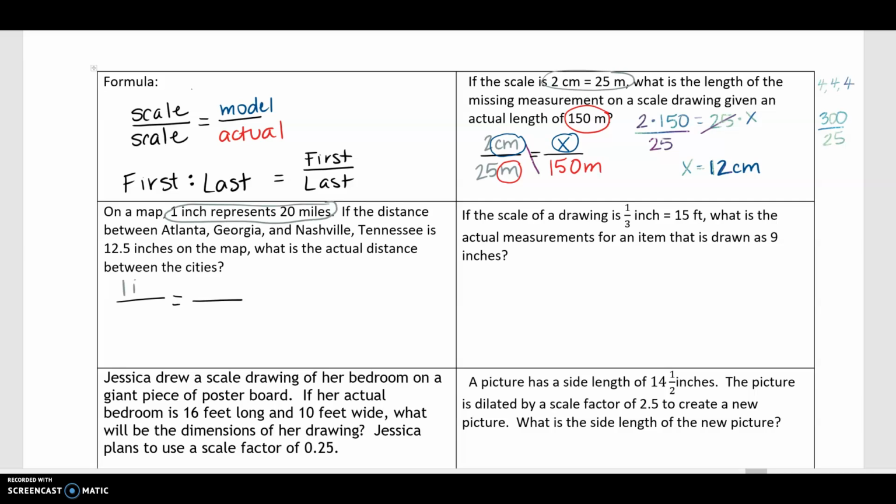So I have 1 inch and 20 miles. Okay, so then I see inches is on top, and look here, I see 12.5 inches. So I'm going to go ahead and put the 12.5 on top because it's inches. And then it's asking, what is the actual? Look up here, actual's on the bottom, so I'm going to go ahead and put an X there.